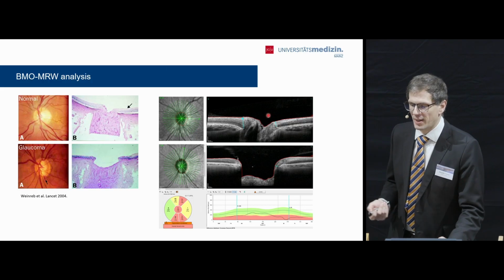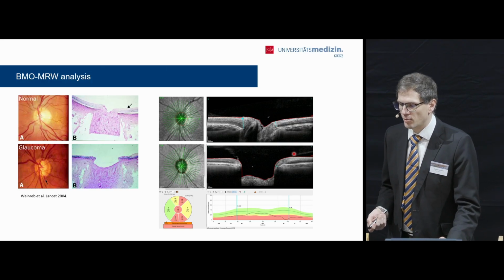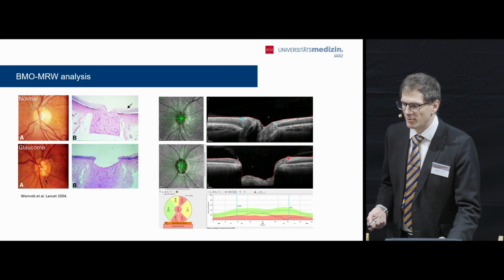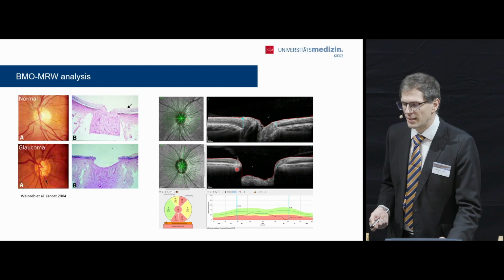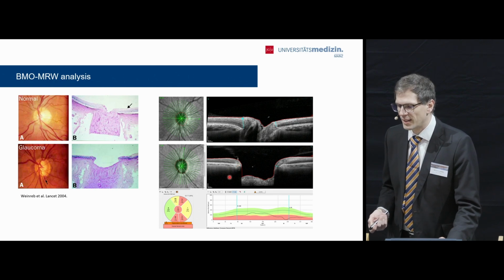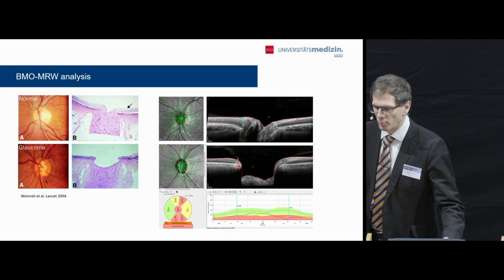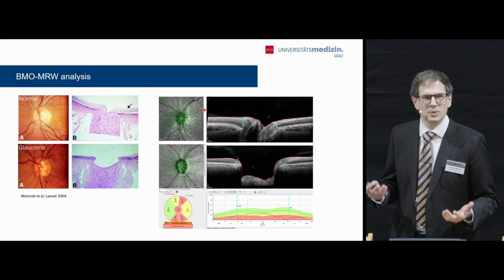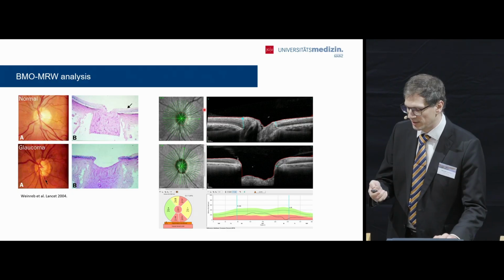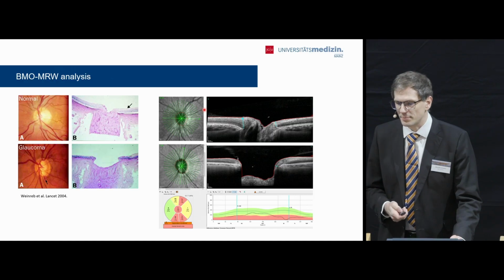And comparable to that is this eye with glaucoma, where you see this posterior movement of the lamina cribrosa, where we have only little axons going out of the eye at the border between Bruch's membrane and the internal limiting membrane. And you have a very close relationship between histology and what we can actually see in OCT.